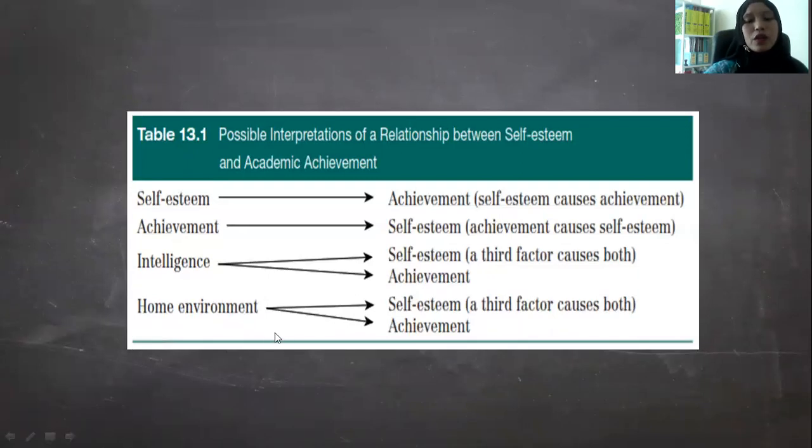The third factor causes both, like home environment causes self-esteem, for example, a better home environment causes someone's high self-esteem, or a less supportive home environment causes the student's achievement, whether high or low achievement.